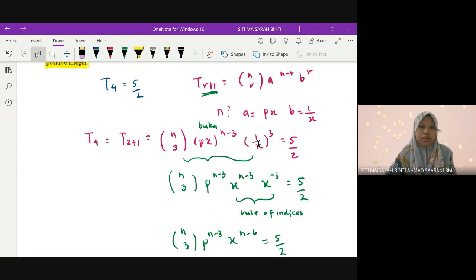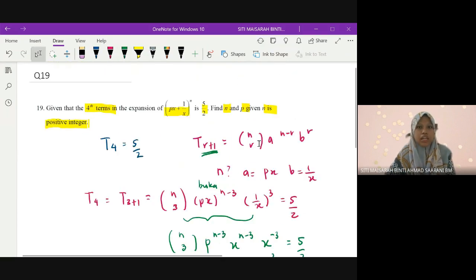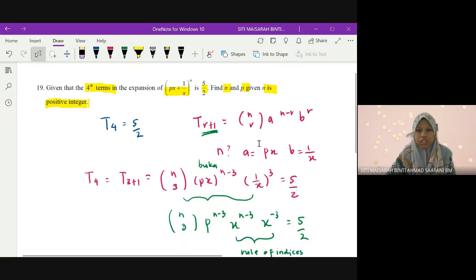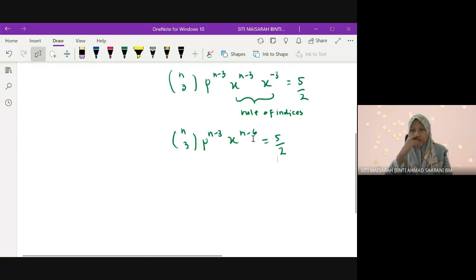Going back to the question, we need to find n and P, given n is a positive integer. We now have nC3 P power n minus 3 X power n minus 6 equal to 5 over 2.